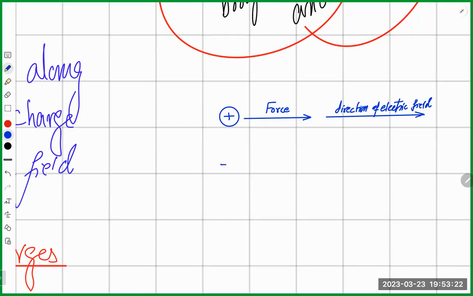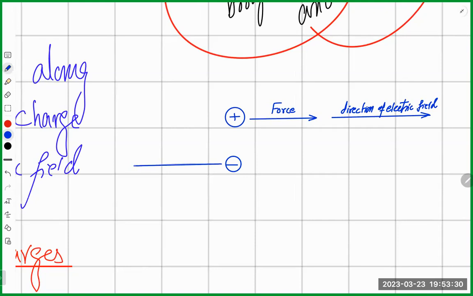But if it would be a negative charge, then this will be the force experienced. Then this will be the direction of electric field.